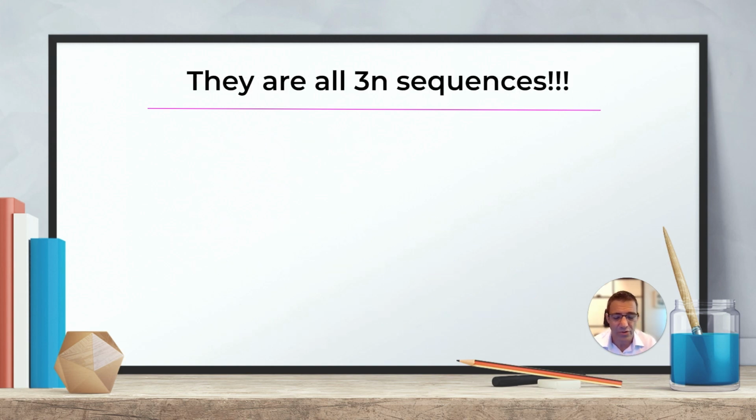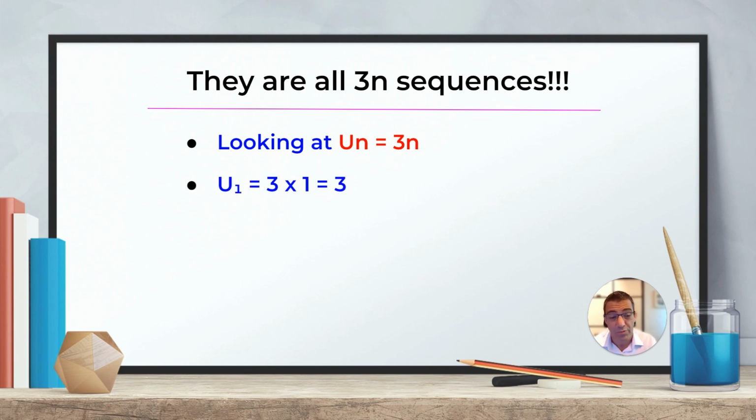So the first thing to notice is that if a sequence is moving in threes, we're going to call it a 3n sequence. 3n is really important. If you look at 3n in essence, like un equals 3n, and we replace each value of n by a number starting from 1, the first term in the sequence, u1, will be 3 times 1, which is 3.